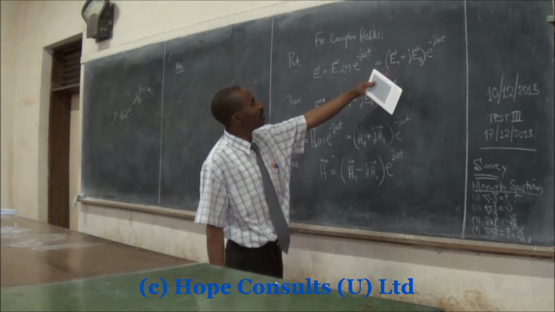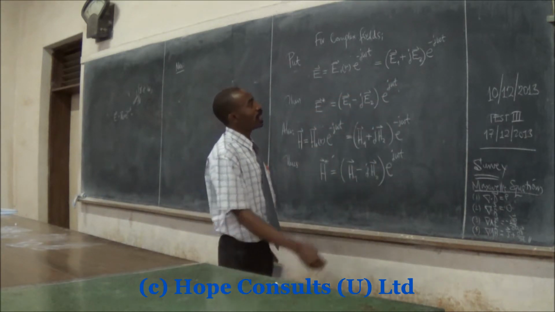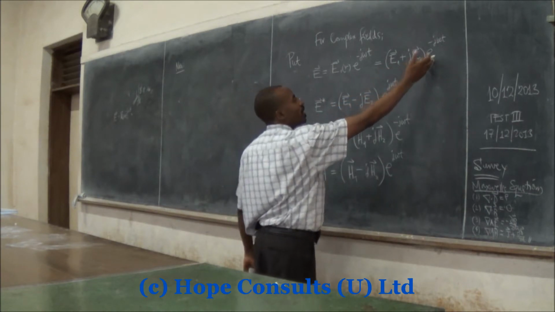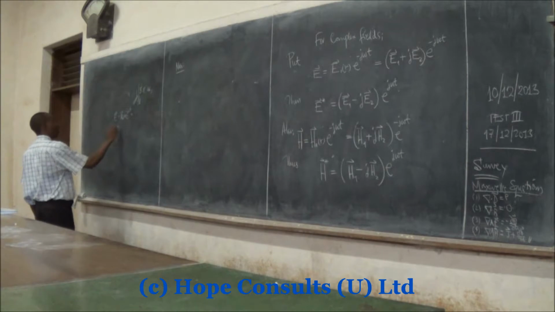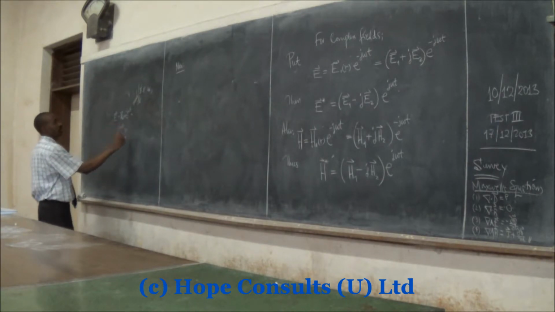What is e to the minus j omega t equal to?